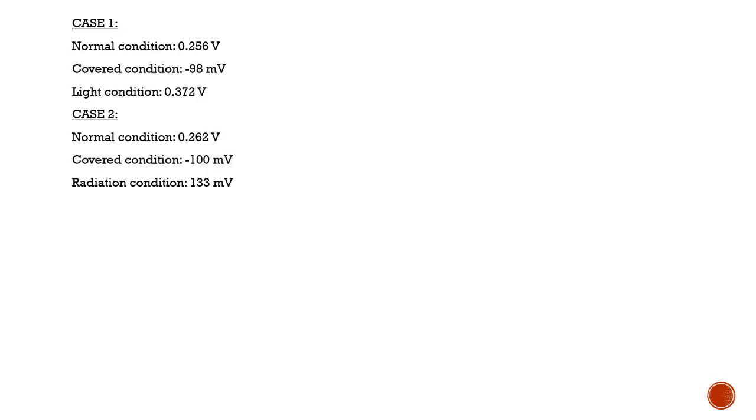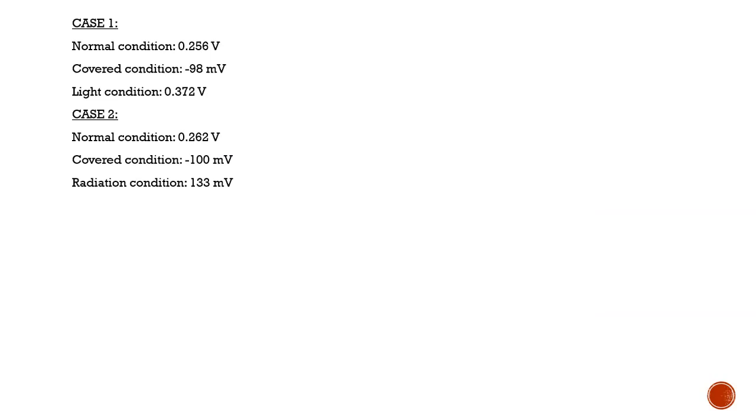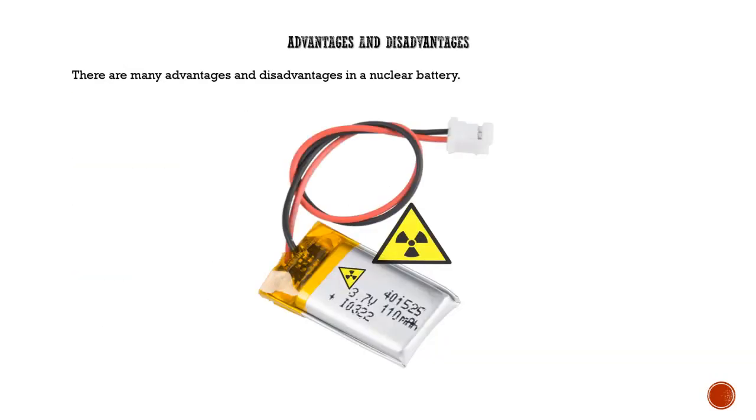When we are using the transistor, we connect it to a load or an output, and we remove the collector plate from the transistor.